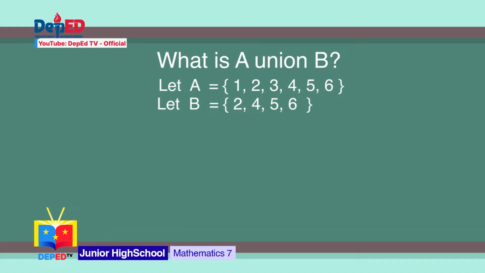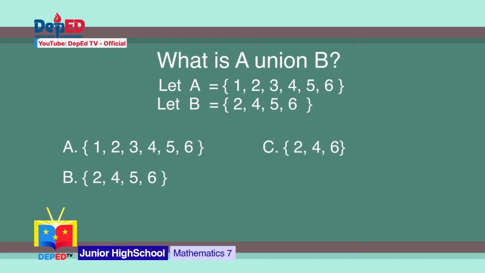A. The set which consists of 1, 2, 3, 4, 5, and 6. B. The set which consists of 2, 4, 5, and 6. C. The set which consists of 2, 4, and 6. Or D. The set which consists of 1, 3, and 5.